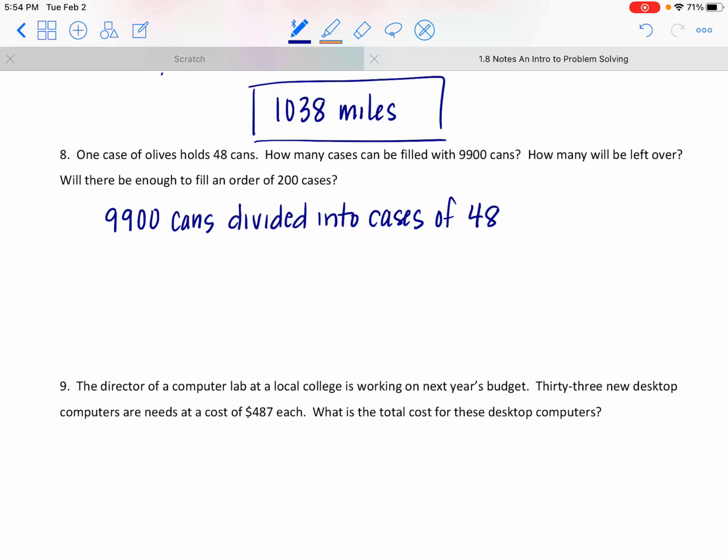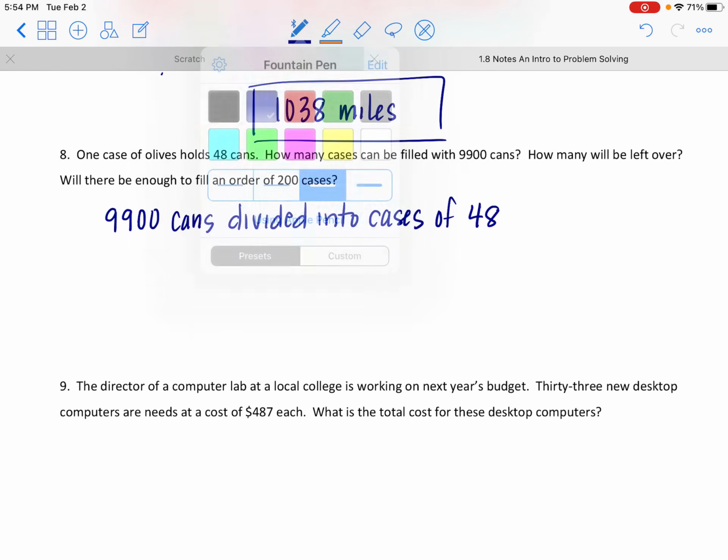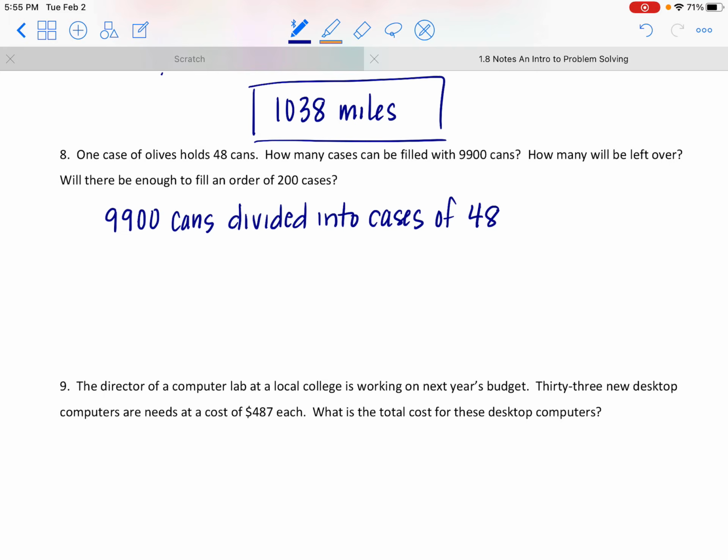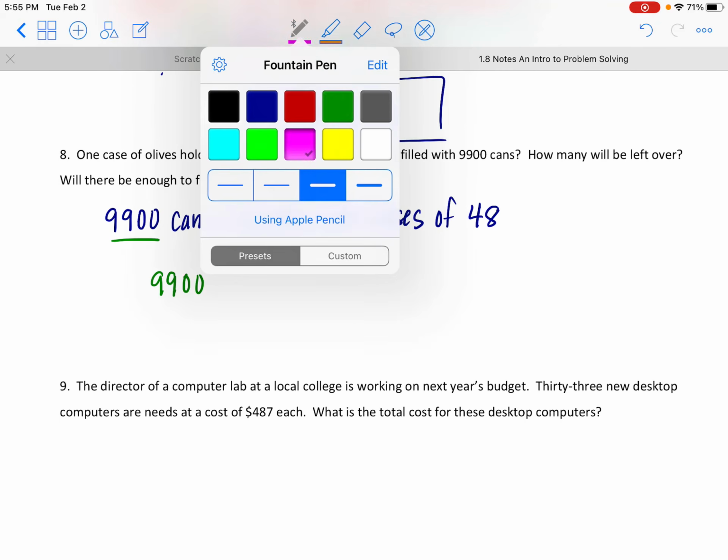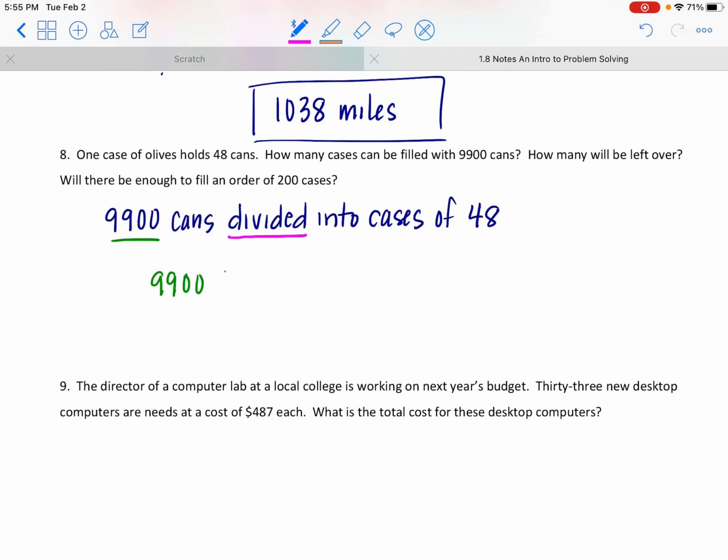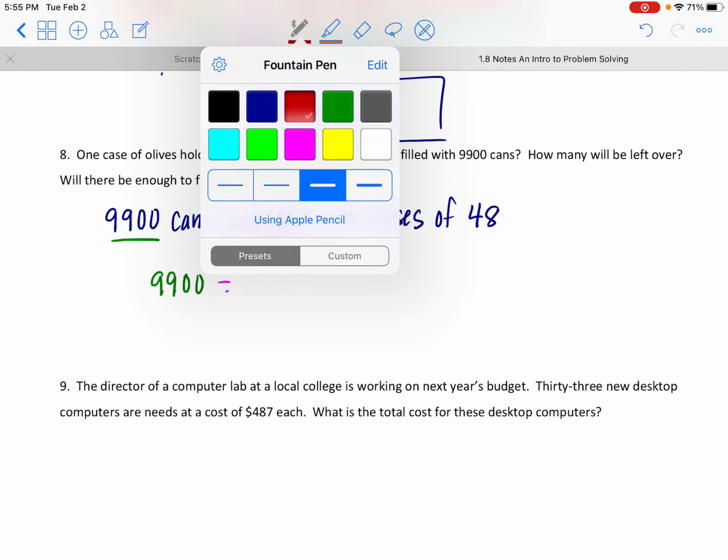Okay, so 9,900 cans divided into cases of 48. So that means we're going to take our 9,900 and divide. So 9,900 is going to be divided by 48.